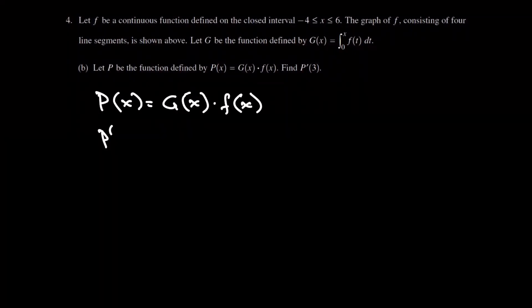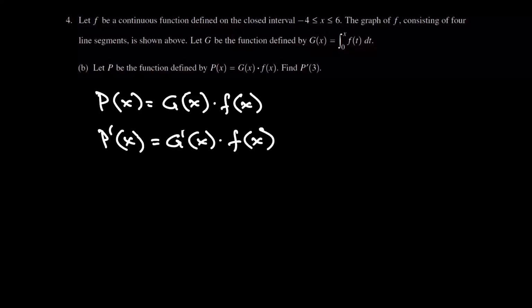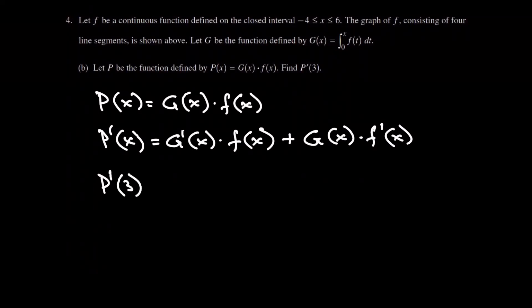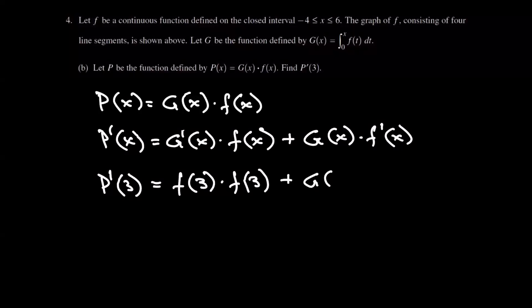We get that p prime of x is equal to g prime of x times f of x plus g of x times f prime of x. And so here, we can plug in values. p prime of 3 equals g prime of x, which is f of 3, times f of 3, plus g of 3 times f prime of 3.